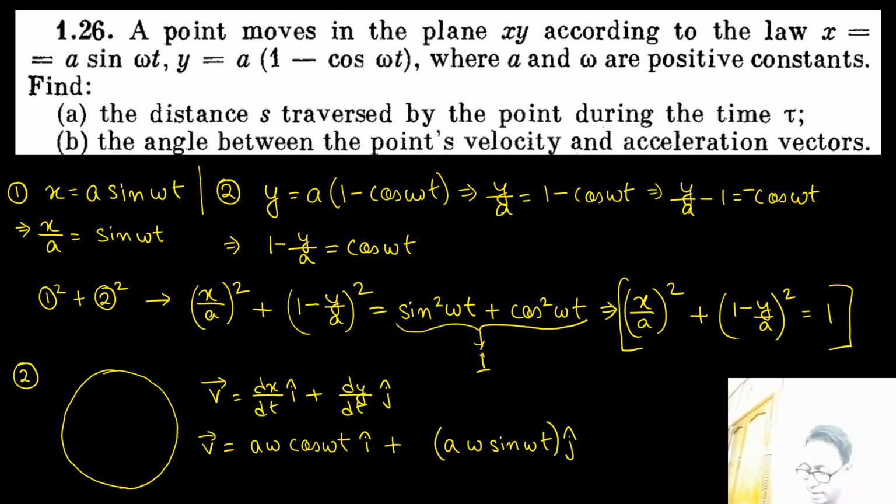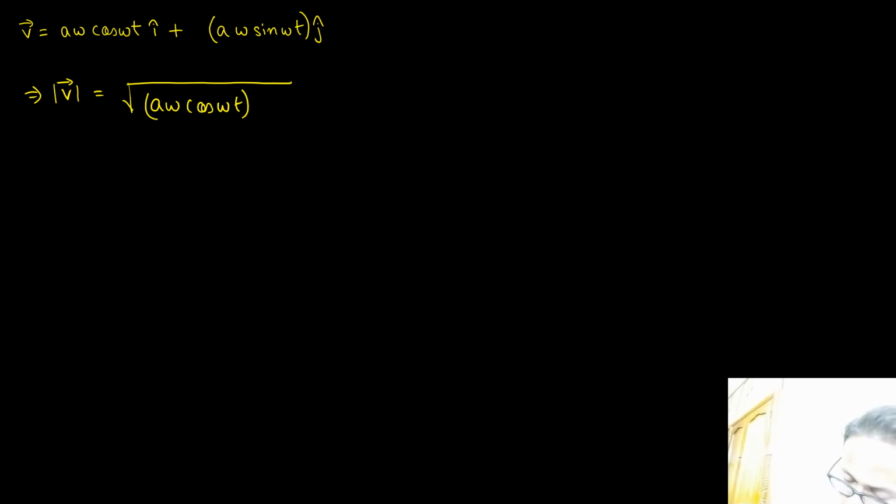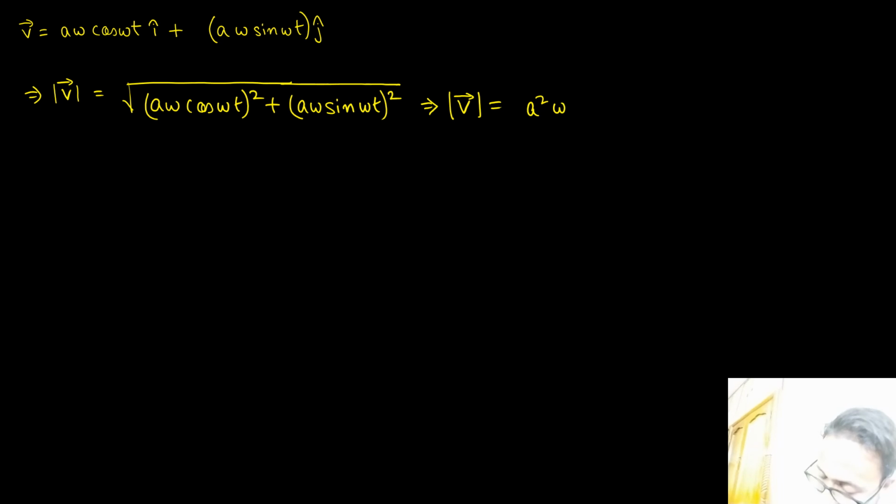Now what I'll try to do is find the magnitude of this velocity vector. What's the magnitude of this velocity vector? The magnitude v would be the square root of (a omega cos omega t) whole square plus (a omega sine omega t) whole square, or v would be equal to the square root of a square omega square into (cos square omega t plus sine square omega t).